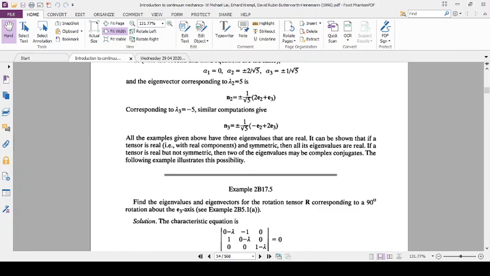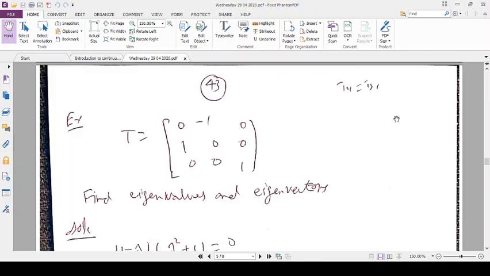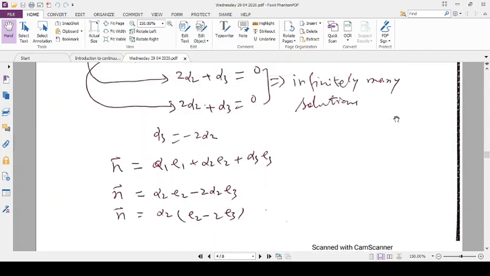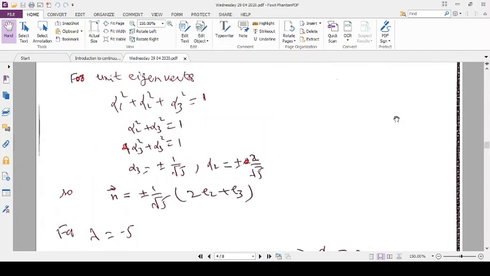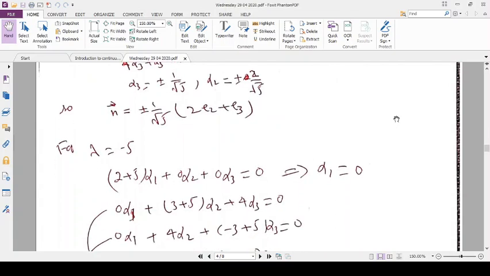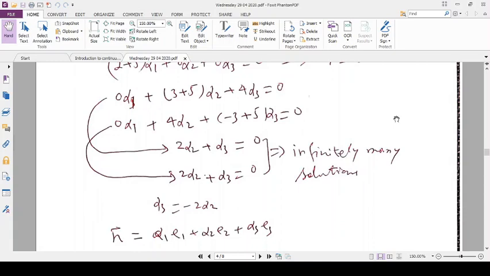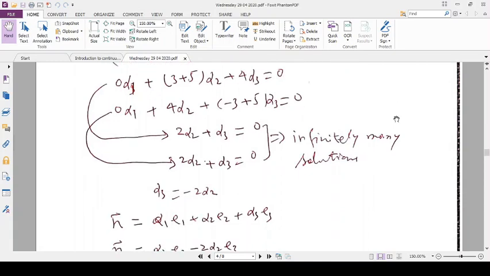Now add one thing more here. If your tensor is symmetric and real, then it is sure that your eigenvalues will be real.